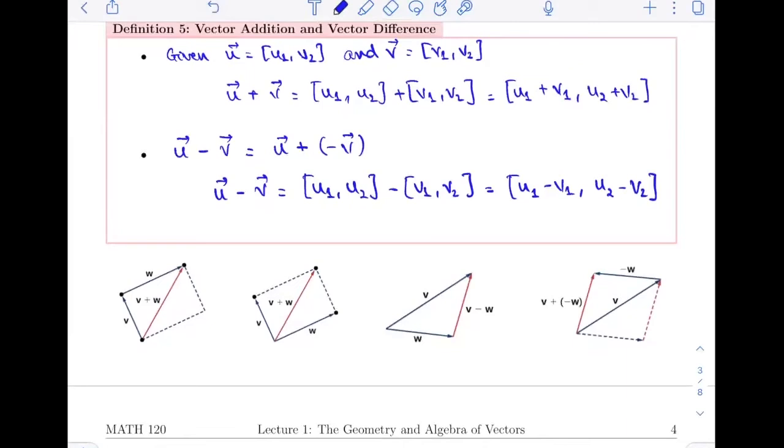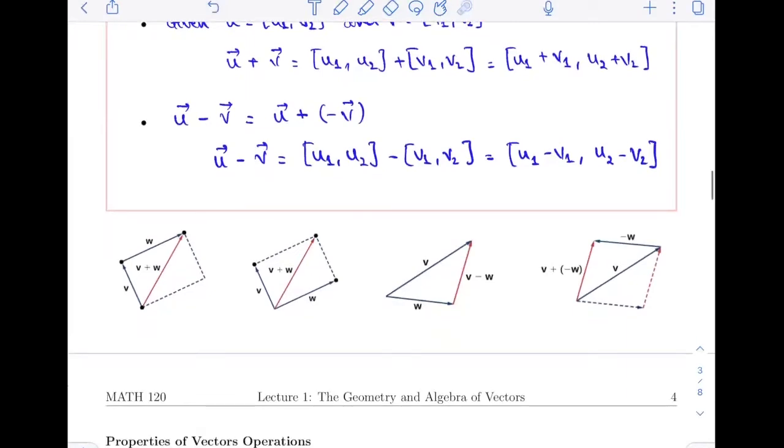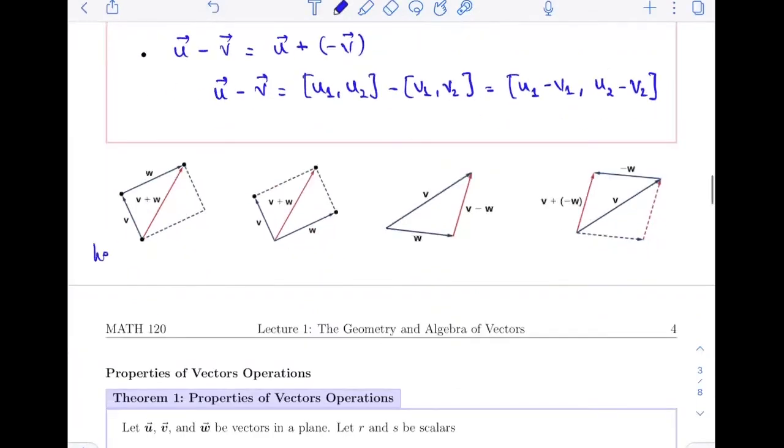using some trigonometry approach. So given two vectors, let's say in this case you have a vector v and the vector w, and the vector addition in this manner is called the head-to-tail rule. On the second picture here, this is called the parallelogram rule.